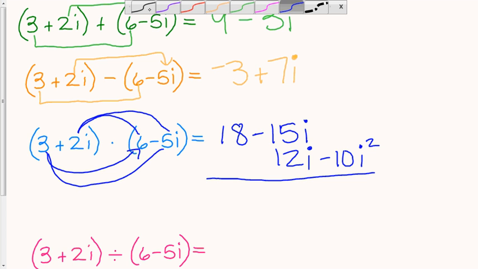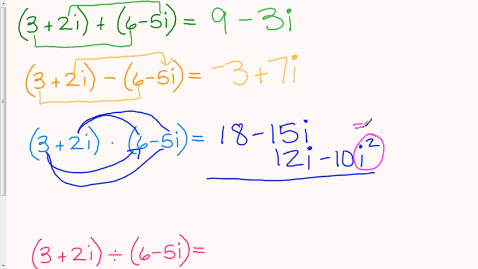And then from the previous page, we know that i squared is a negative 1. So this becomes plus 10. And so our complex number would be 28 minus 3i.